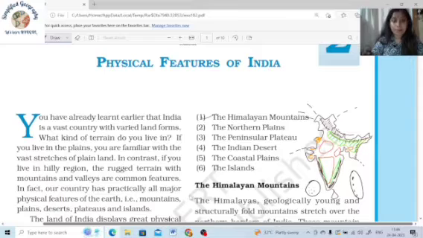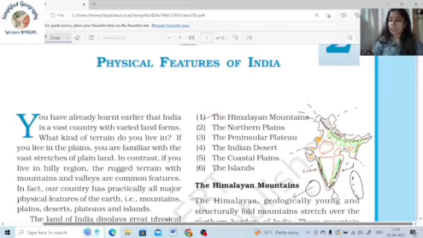First is Himalayan Mountains, then Northern Plains, Peninsular Plateau, Indian Desert, Coastal Plains, both Western Coastal Plains and Eastern Coastal Plain. The group of islands are of two kinds.